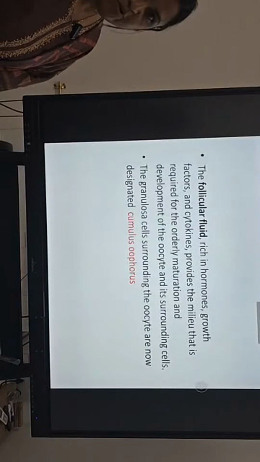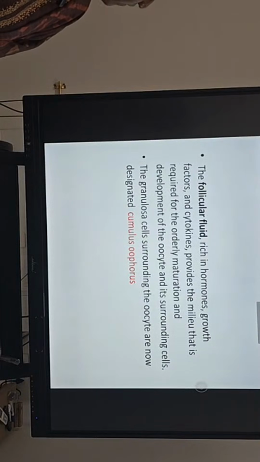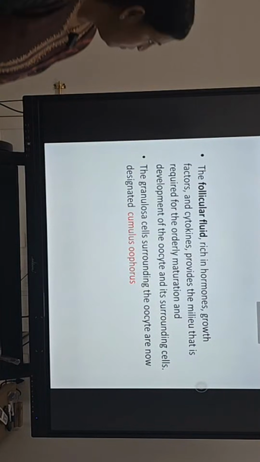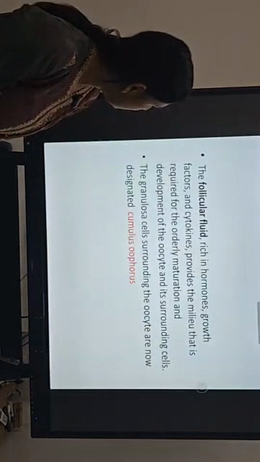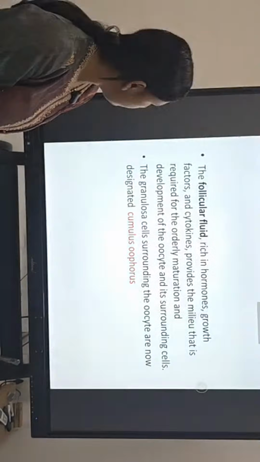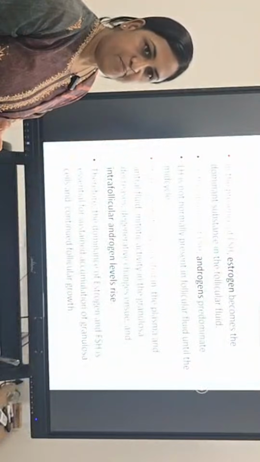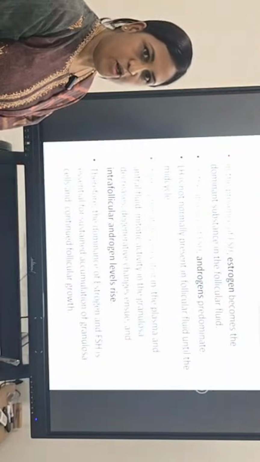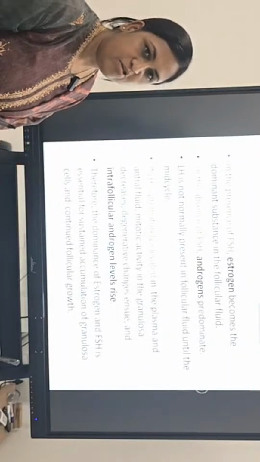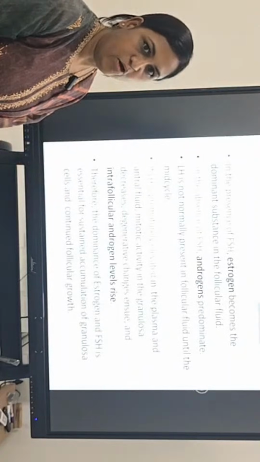This follicular fluid is rich in hormones, growth factors and cytokines, which provide a milieu that is required for the orderly maturation and development of the oocyte. In the presence of FSH, estrogen is the prominent hormone present in the follicular fluid, and in the absence of FSH, androgens will predominate.